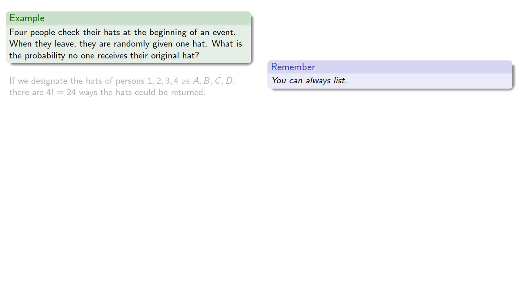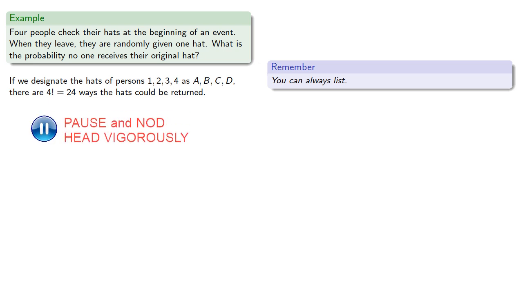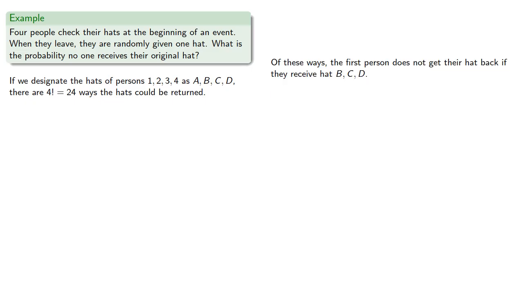If we designate the hats of persons 1, 2, 3, and 4 as A, B, C, and D, there are 4 factorial, 24 ways the hats could be returned. Of these ways, the first person does not get their hat back if they receive hat B, C, or D. So suppose they get hat B. Then the only way for nobody else to get their hats back is for the hats to be distributed as BADC, BDAC, or BCDA.